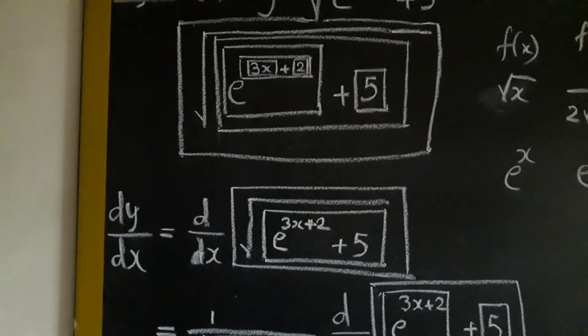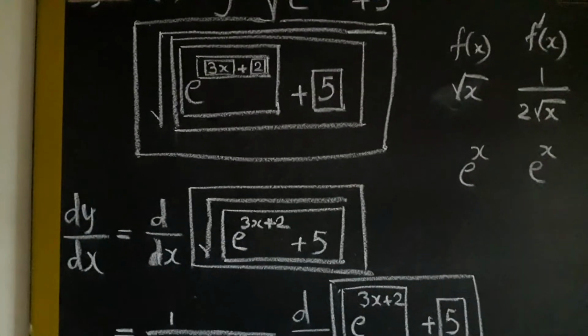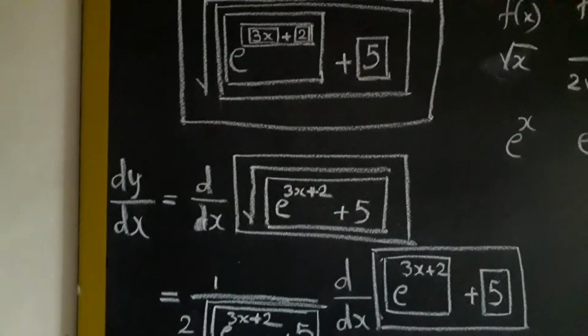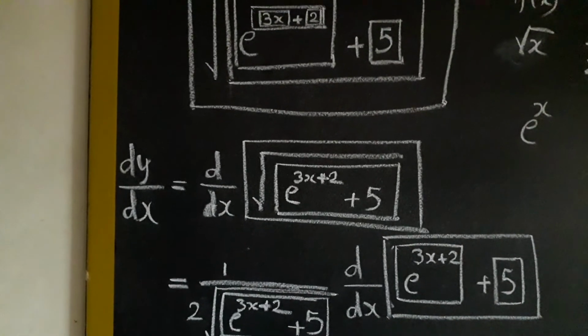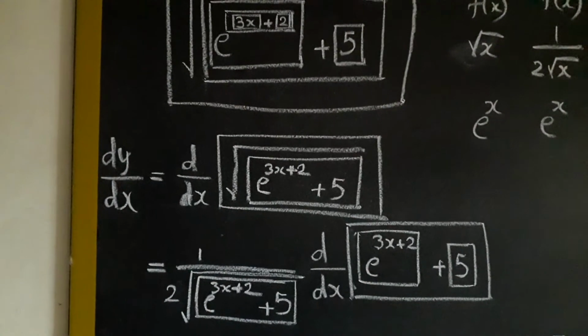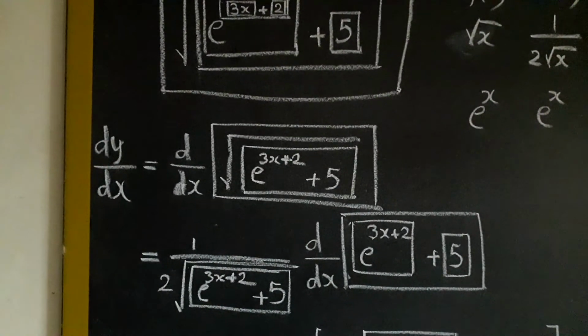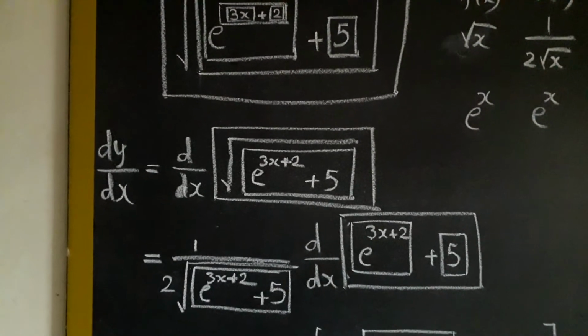So we make use of that and write 1 upon 2 root of the inner box, multiplied by the derivative of the inner box, that is d dx of e raised to 3x plus 2, plus 5.